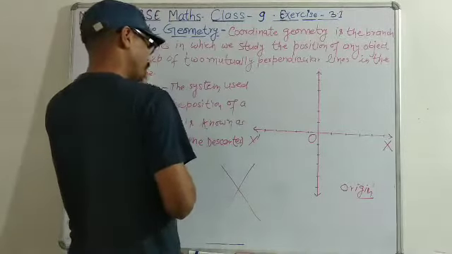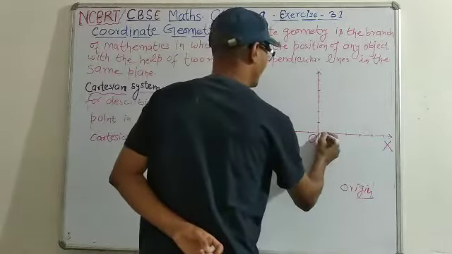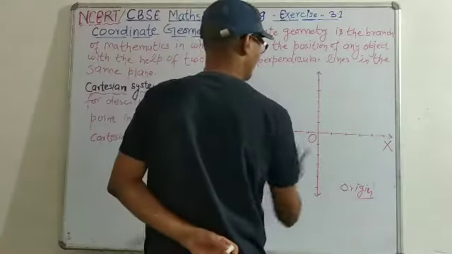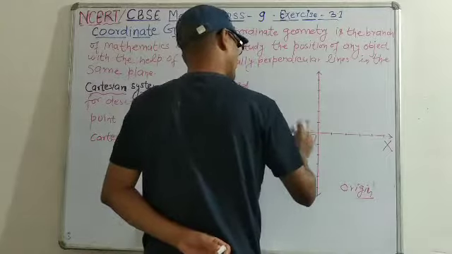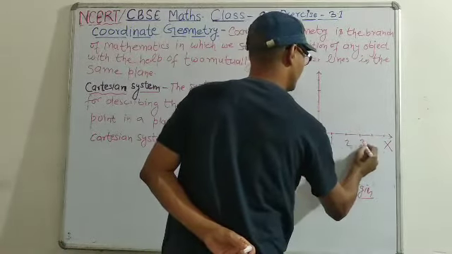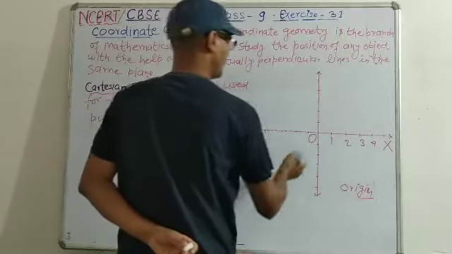Now, on the number line you clearly know this thing. If you go from this point to the right side, it becomes positive: +1, +2, +3, +4 and so on.